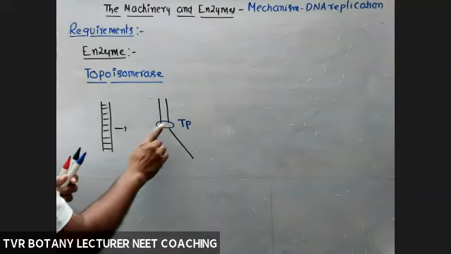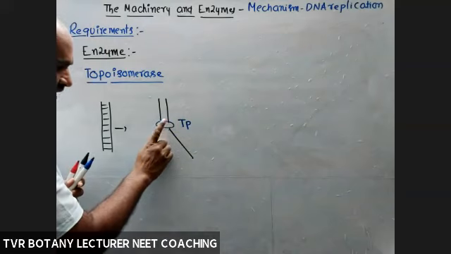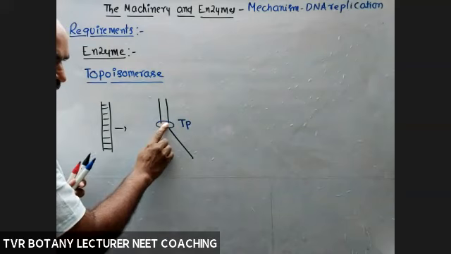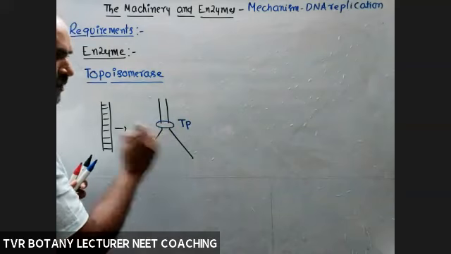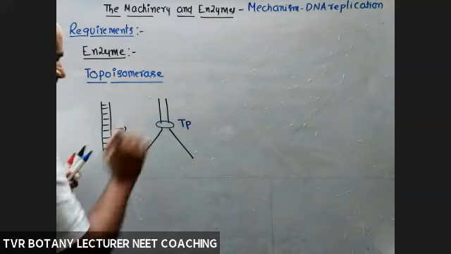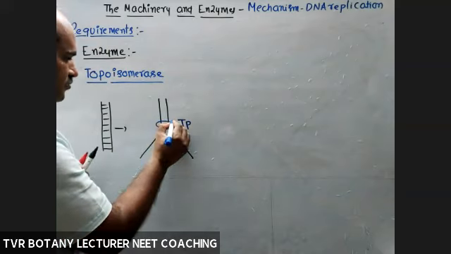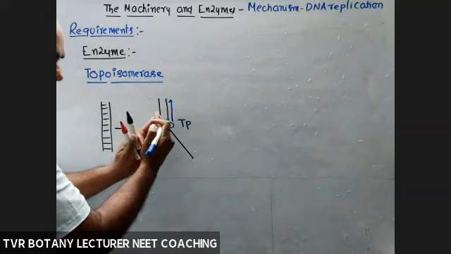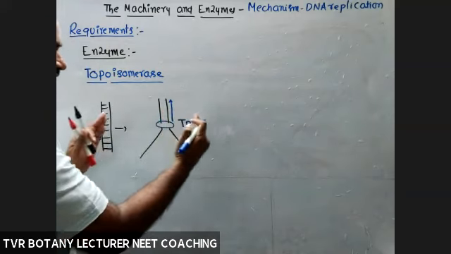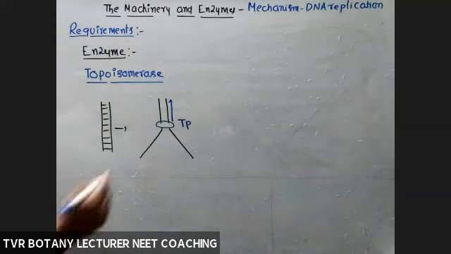Okay, so what is the role of this enzyme? Binding the DNA molecule, whereby it is able to release pressure exerted by opening strands. Gradually, topoisomerase moves towards one end and facilitates gradual opening of the DNA molecule.